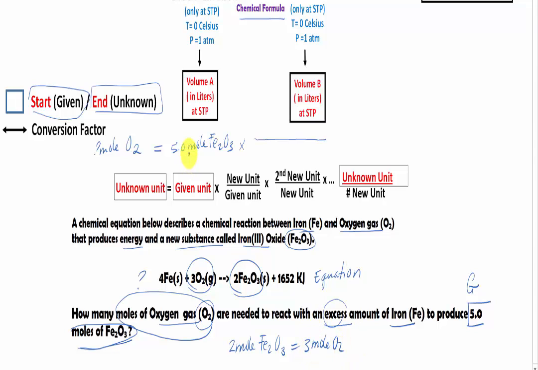And we go back and look at this one. If this is moles of Fe2O3, this bottom part must be moles of Fe2O3 to cancel it out, the same way you did before. The top part would be the leftover of the conversion factor, which is 3 moles of O2.